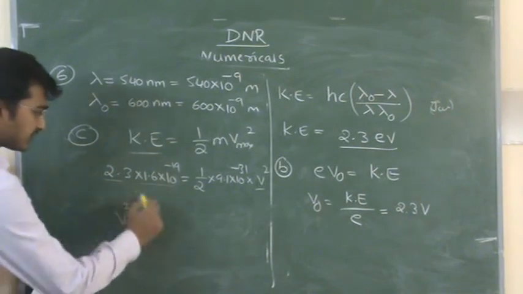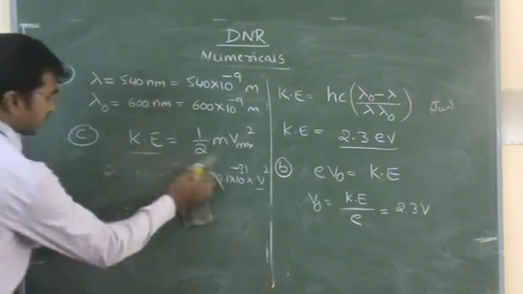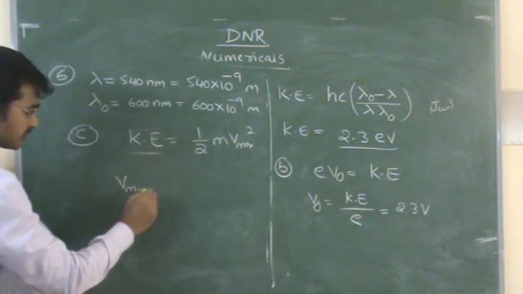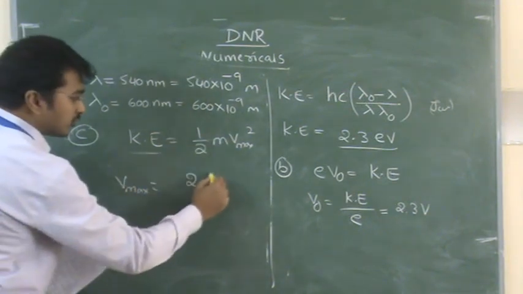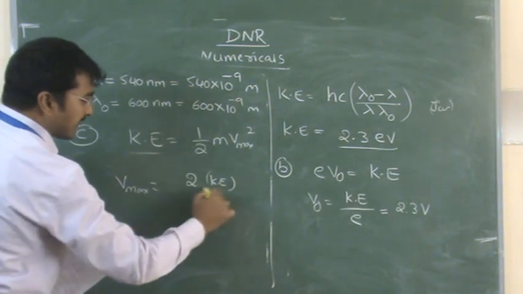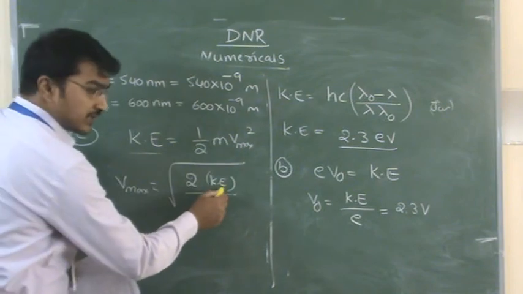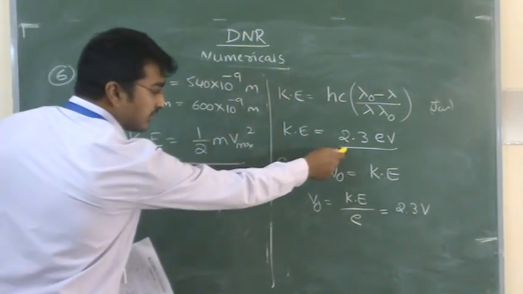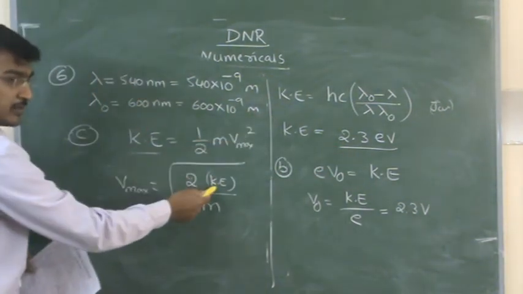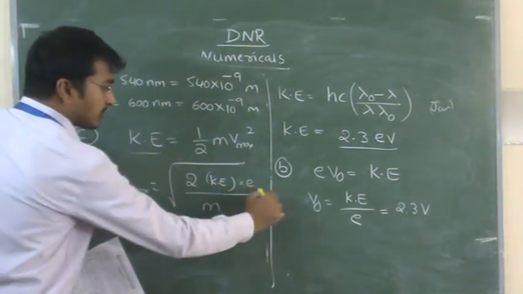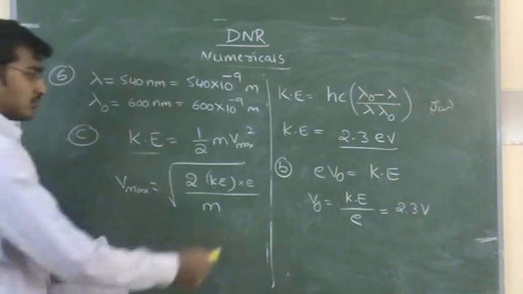V square is equal to... Otherwise, I give the short form: V maximum is equal to the square root of 2 into kinetic energy divided by m. Make sure that the kinetic energy you got here is converted into joules by multiplying by 1.6, otherwise keep the e value.